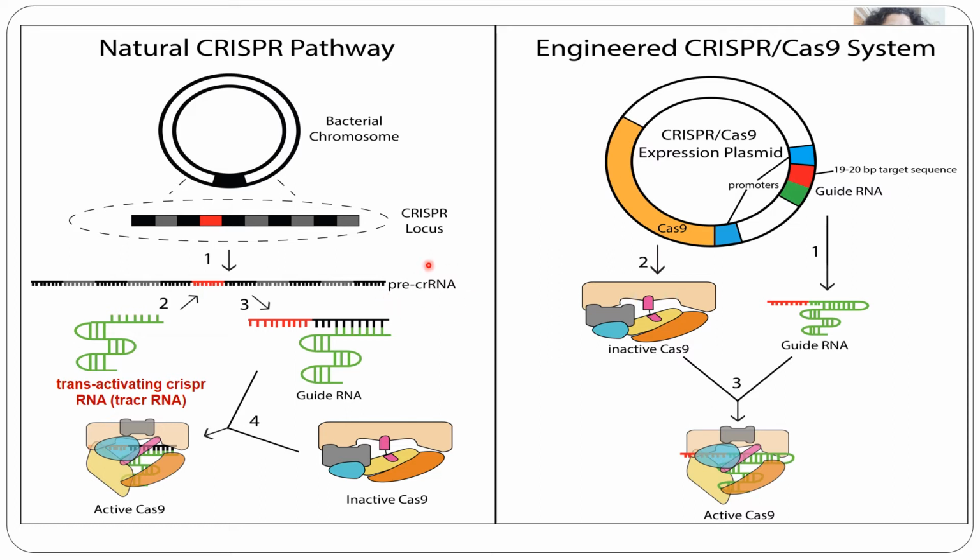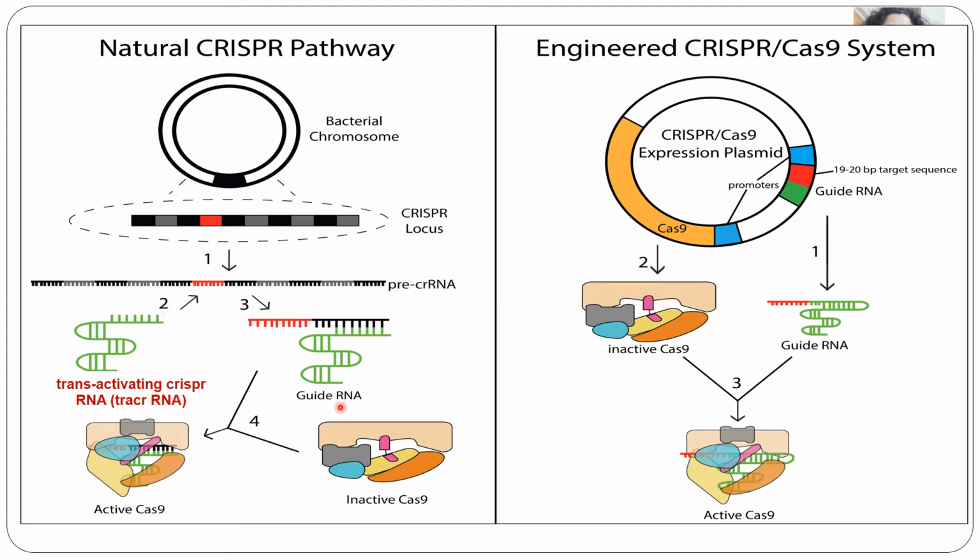Now this pre-crRNA will go and bind to another RNA known as the tracrRNA. So this tracrRNA and pre-crRNA together will combine to form the guide RNA. So there are three RNAs over here: pre-crRNA, tracrRNA, which combine together to form the guide RNA. So 1, 2 and 3.